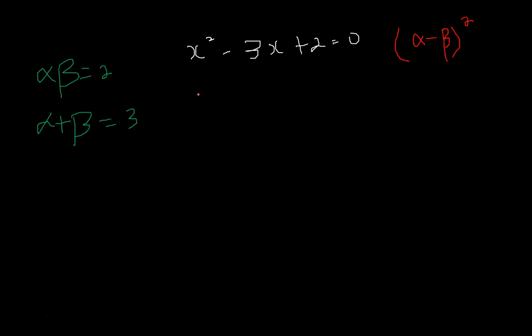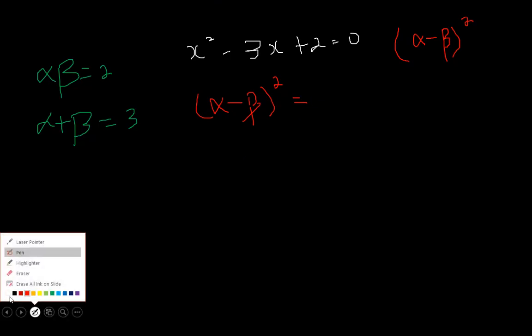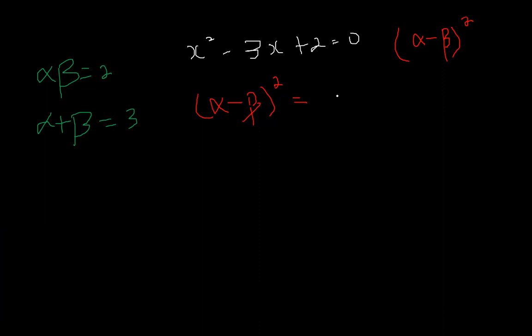If I wanted to find alpha minus beta squared, what if I expanded these brackets? What would I get? People who finish, let me know what you got. I got in brackets alpha plus beta squared minus 4 alpha beta. Good job. That's correct.